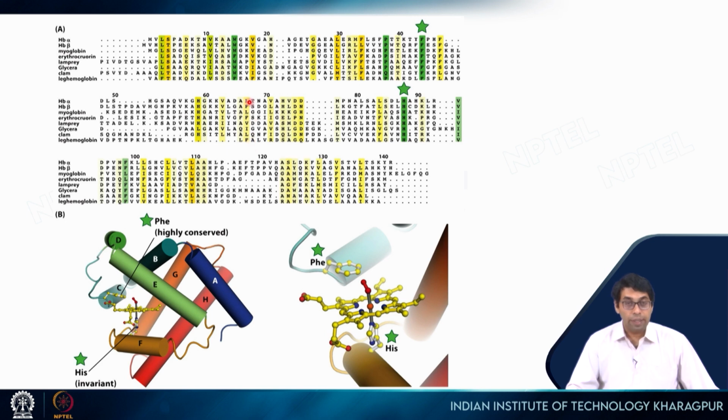Valine, isoleucine, phenylalanine. So, hydrophobic residues, but still it changes from a methyl group to an aromatic group. And then there are positions which are white. So, it can become anything: leucine, phenylalanine, histidine, threonine, aspartic acid, isoleucine, asparagine, valine. All 8 are different, and that is why it is white.